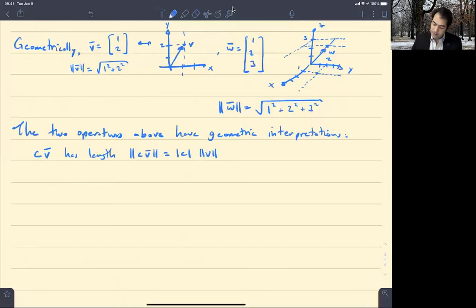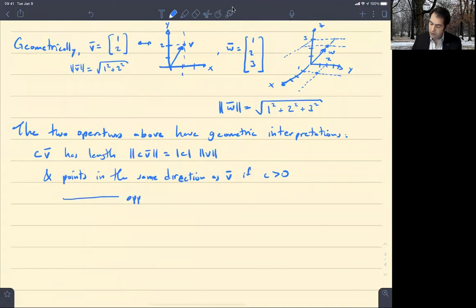And it points in the same direction as v if c is positive, points in the opposite direction as v if c is negative, right? So we can determine a vector just by knowing its length and what direction it's pointing.